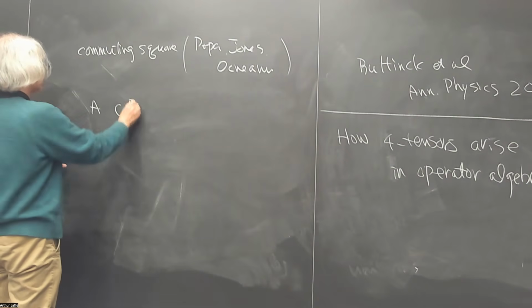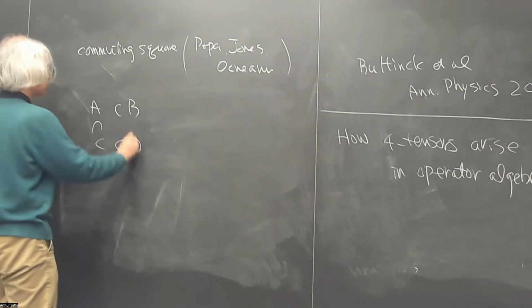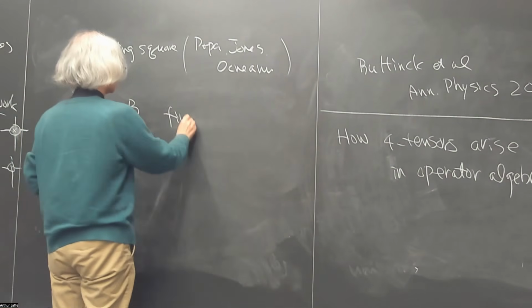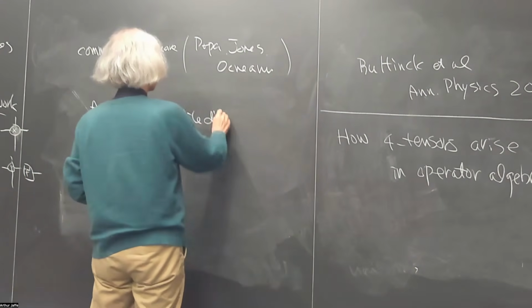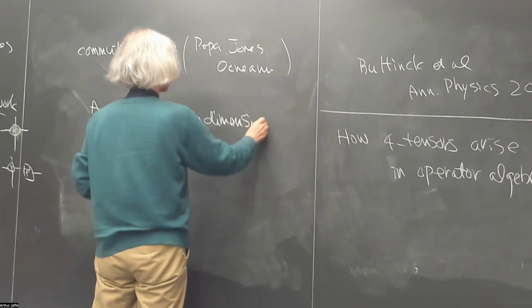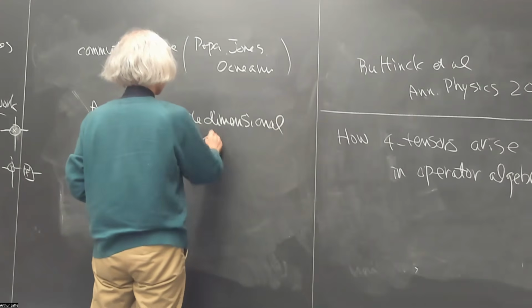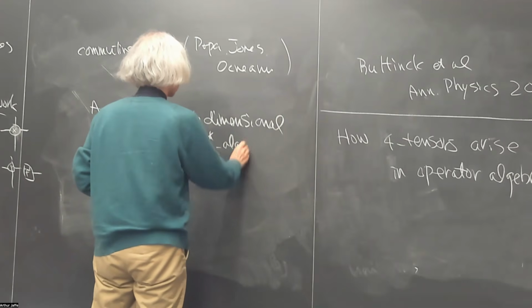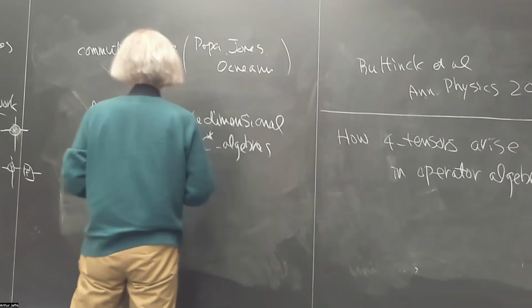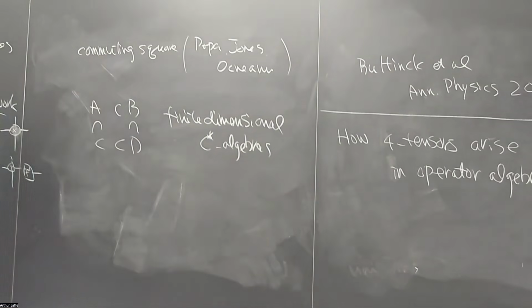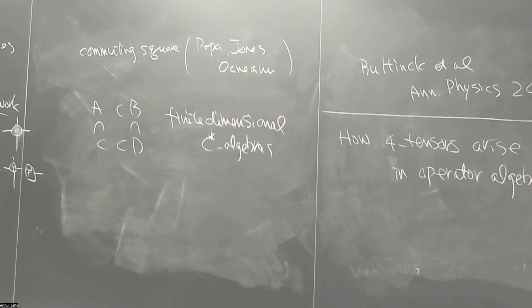We have finite dimension. So now instead of two algebras, we have four algebras, but all are finite dimensional algebras. And a finite dimensional algebra is just a finite direct sum of matrix algebras.